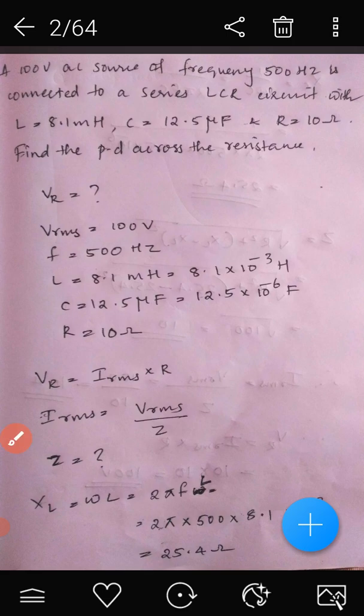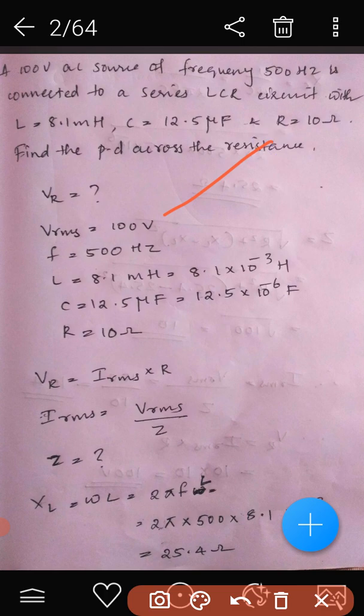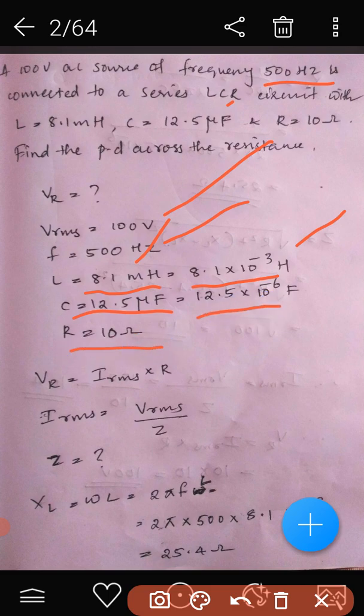The given quantities are VRMS equal to 100 volt, F equal to 500 Hz, L equal to 8.1 into 10 to the power minus 3 Henry because it is milli, C equal to 12.5 into 10 to the power minus 6 farad, and R equal to 10 ohm.